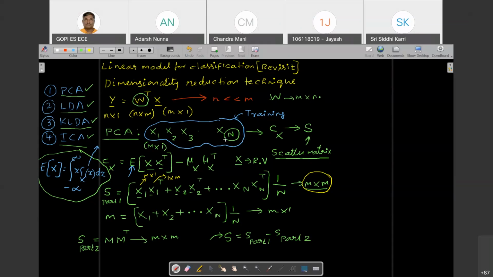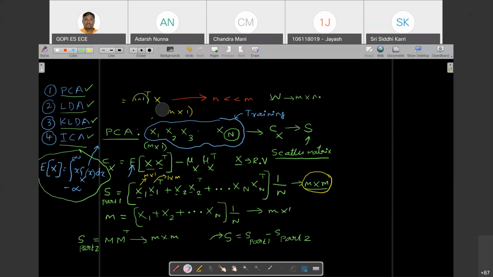To find this estimate of the matrix, once we compute it, we go for finding the eigenvectors. We need to compute the eigenvectors of S.